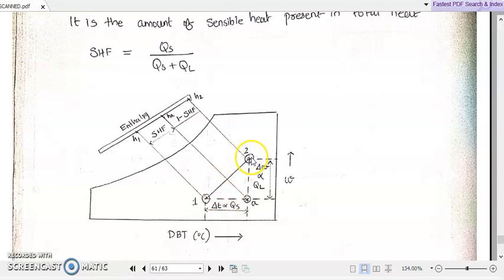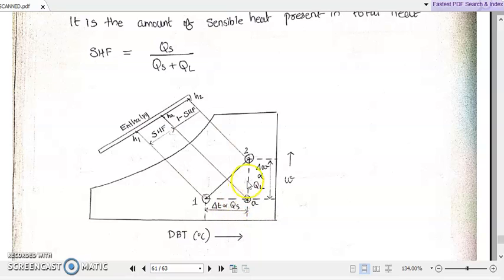For that, what we need to do? Simply drop a perpendicular towards the dry bulb temperature axis from 1 and 2. From 2, drop a perpendicular. From 1, also drop a perpendicular. So we will get the dry bulb temperature change happening from 1 to 2, and this delta T is proportional to, or it is representing, the sensible heat load.